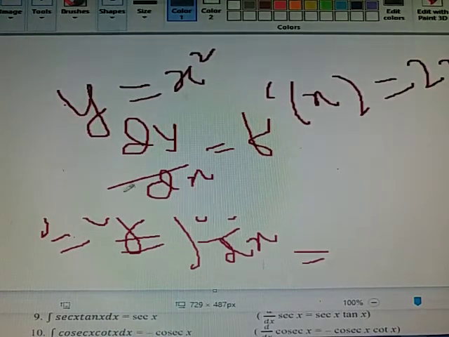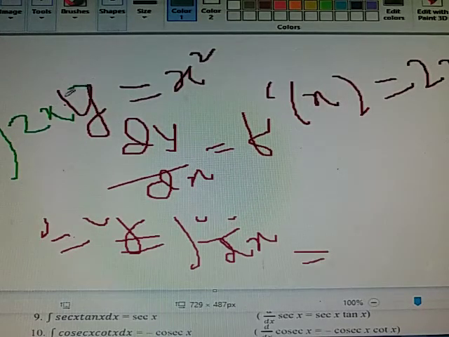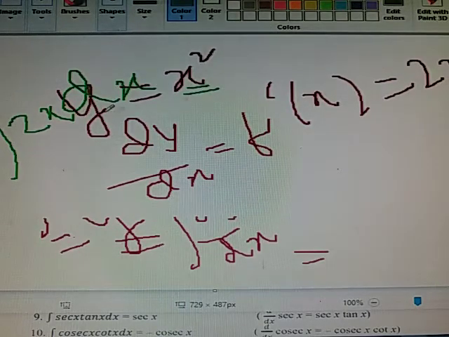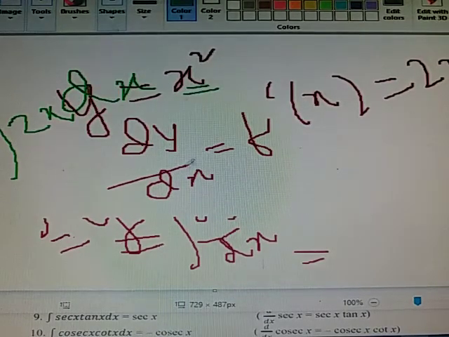Then integration of twice x dx, because this twice x comes from x square, is equal to x square.